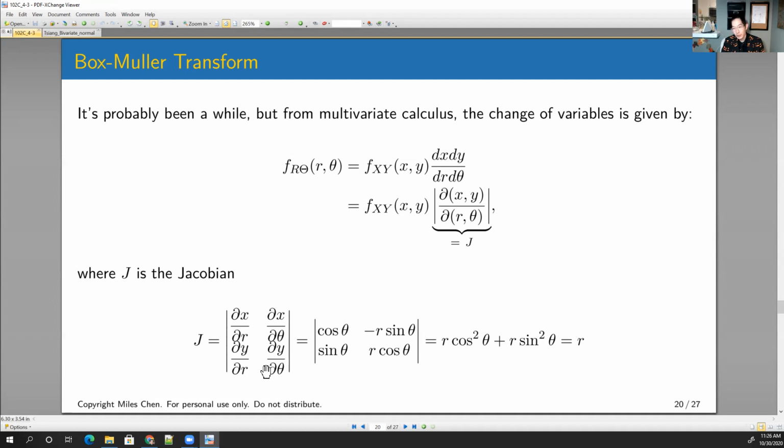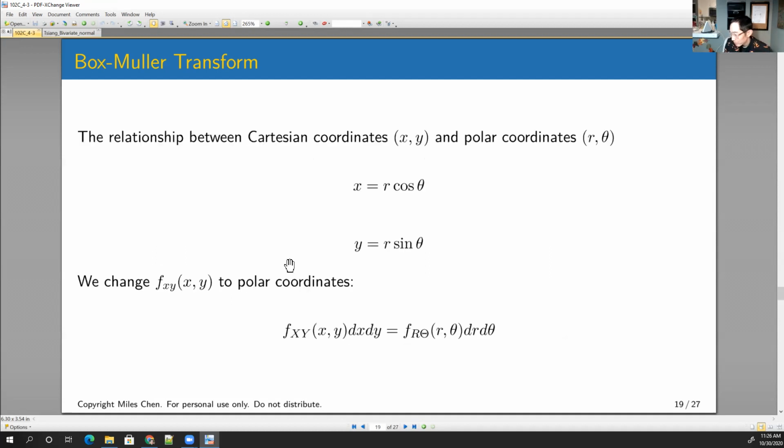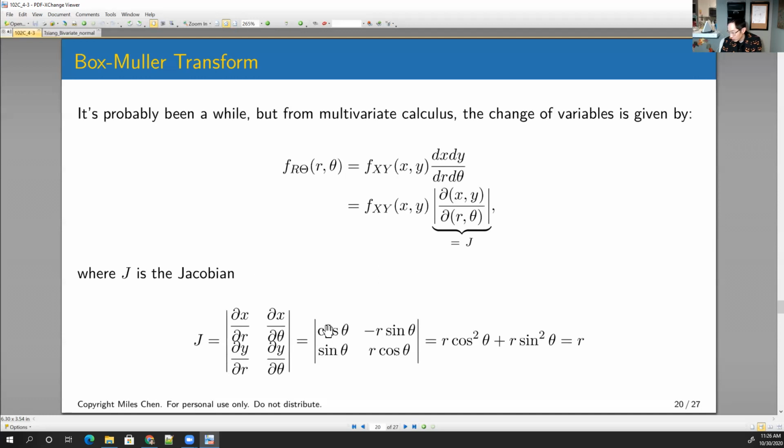So you take all the variables as they change with respect to one another. What is dx dr? How does x change with respect to r? Looking back, the partial of x with respect to r treats cosine theta as a constant, so we get cosine theta.